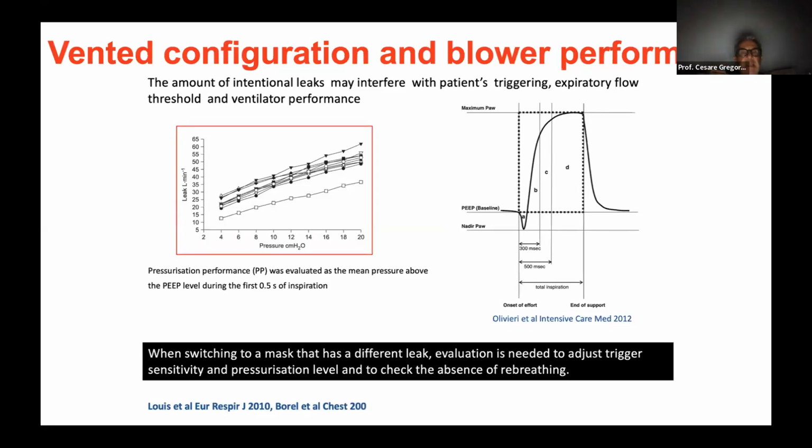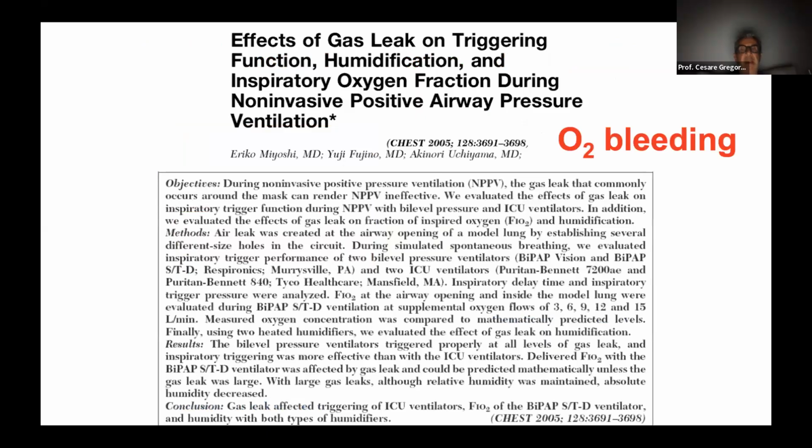In case these overall leaks exceed the turbine's leak compensation, the turbine can lose performance, in terms of pressurization and in terms of accuracy of the tidal volume. So this is a drawback to keep in mind. But last, about leaks, we have another important issue in the venting system, the so-called oxygen bleeding.